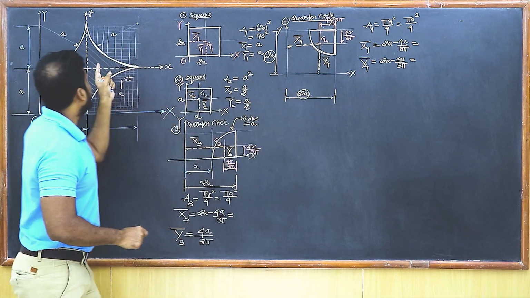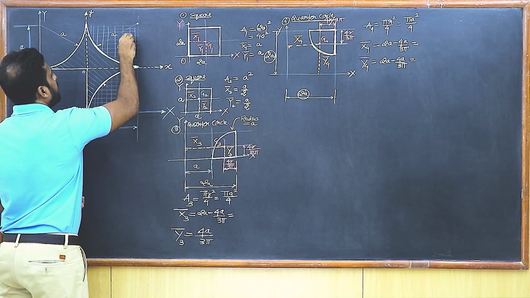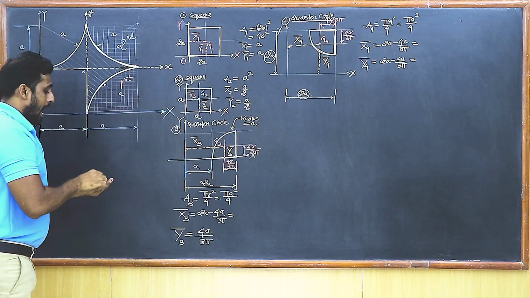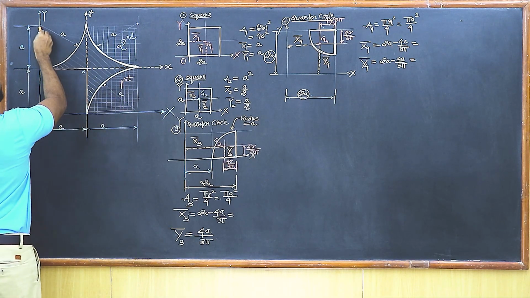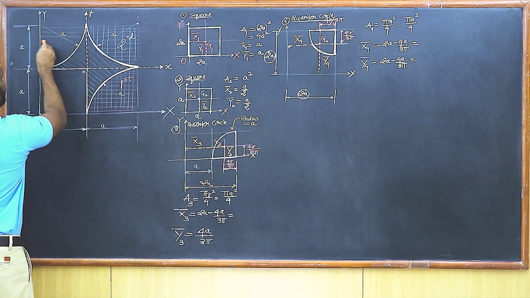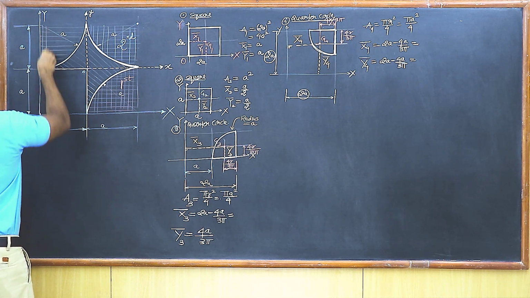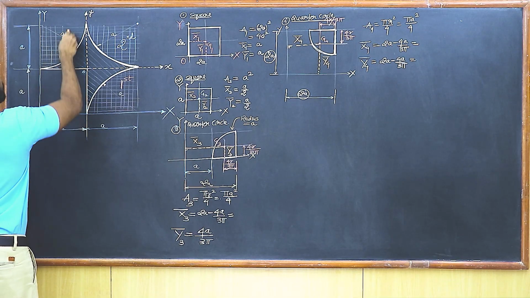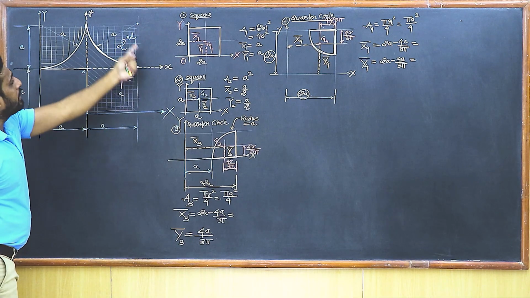The second one, this was the second quarter circle, isn't it? So I'm going to write here, this is the second quarter circle. And finally, students, I'm going to take the third quarter circle now. You can observe that this is the third quarter circle, isn't it? So let's shade this part also. This is the third quarter circle, and this quarter circle also needs to be removed from the entire shape, isn't it?